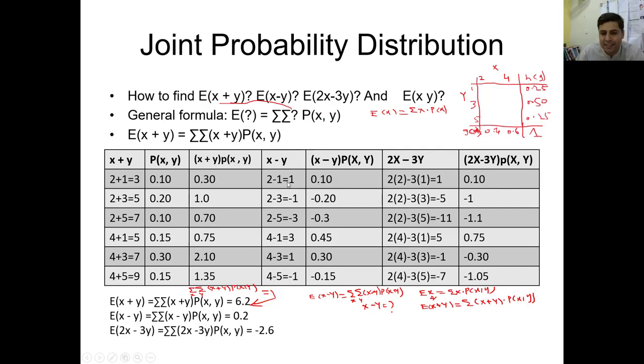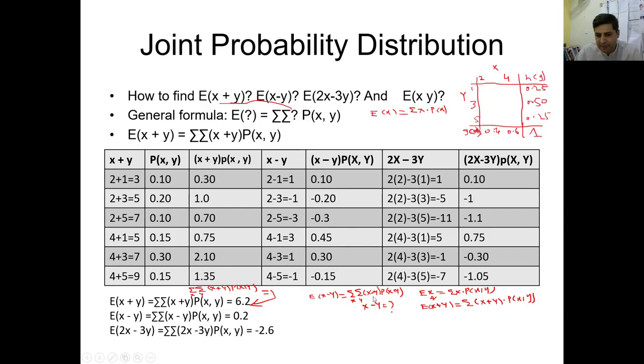And we have already calculated their joint probability distribution, so we do not need to calculate this again. Now what you need to do? 1 multiplied by 0.10, it will be 0.10. Minus 1 multiplied by 0.20, minus 0.20. Minus 3 multiplied by 0.10, it will be minus 0.3. 3 multiplied by 0.15, it will be 0.45, and 1 multiplied by this 0.30, and minus 1 multiplied by 0.15, so minus 0.15.